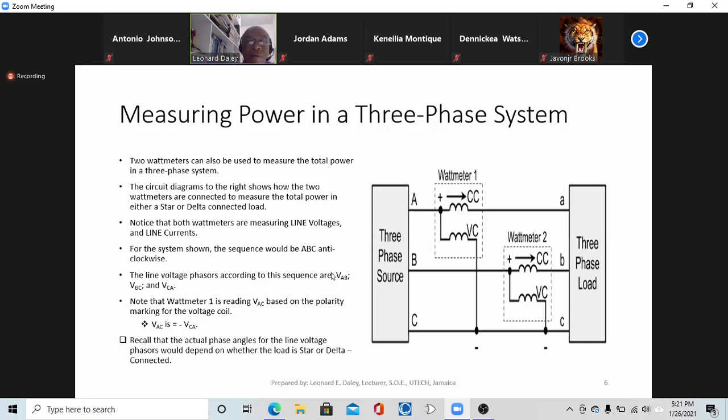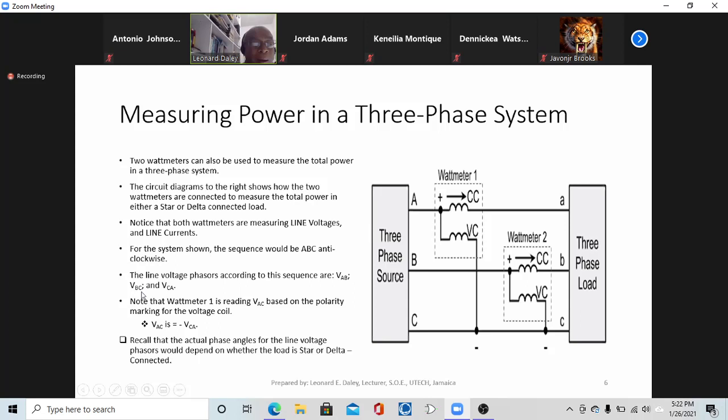rotating anticlockwise. But notice now that this voltage is VAC, right? So the first letter is the higher potential, and it indicates where the current would be flowing from, the higher potential down, right? But our sequence says that it should be VCA.